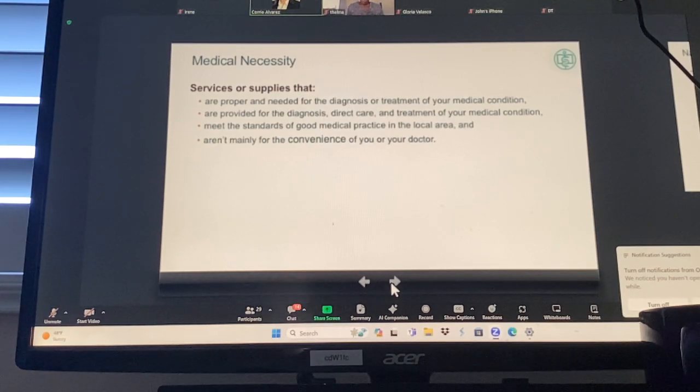That can't be done because it won't be paid. The testing that is ordered and the treatment that is given needs to be documented and noted as necessary for that care, as is established good medical practice.